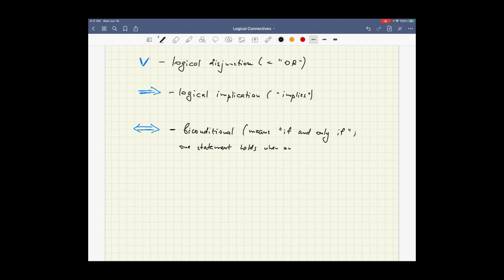When and only when the other statement holds. We will also say in this case that the statements are equivalent.